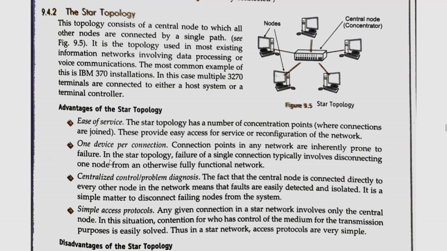Okay, so what is there in the star topology? In the star topology, failure of a single connection typically involves disconnecting one node from an otherwise fully functional network. Now, there is a high probability that if there is any error in the network, it may be caused just because of the disconnection of the node from the fully functional network.